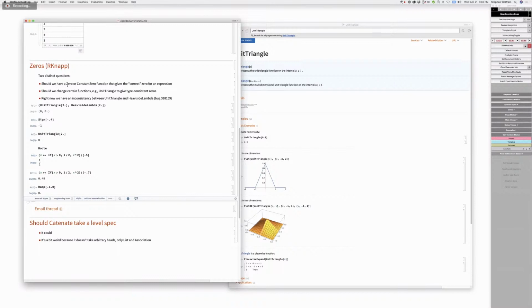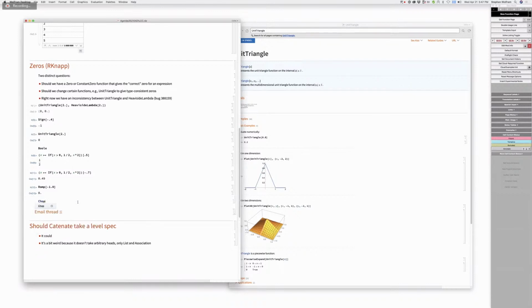So speak to this, Rob, because that's a subtlety I hadn't realized. In the compiler, it's essential to have a constant 0 and a constant 1, both of which are quite useful, particularly the constant 0.